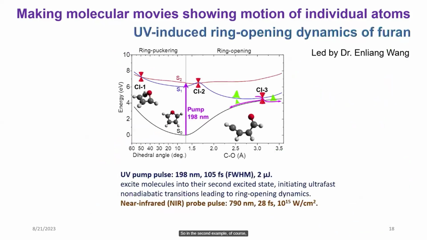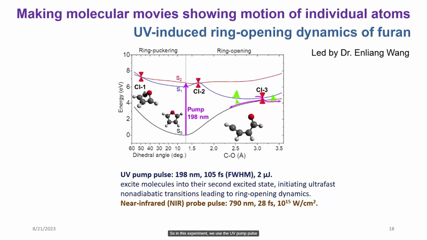So in the second example, we want to look at the ring-opening reaction induced by an ultraviolet pulse. I should use the molecules that I started with at the beginning, but it's not done yet, so I just show these molecules instead.